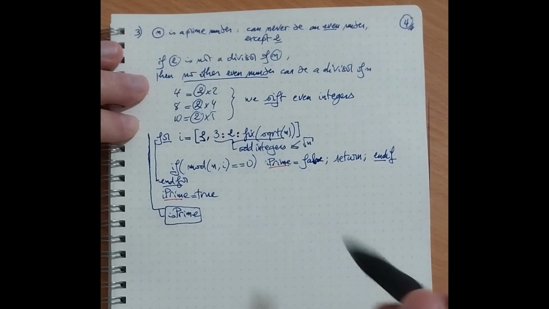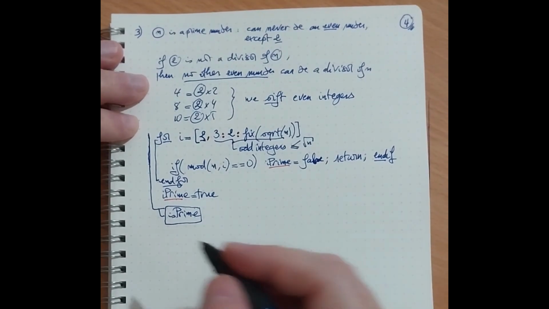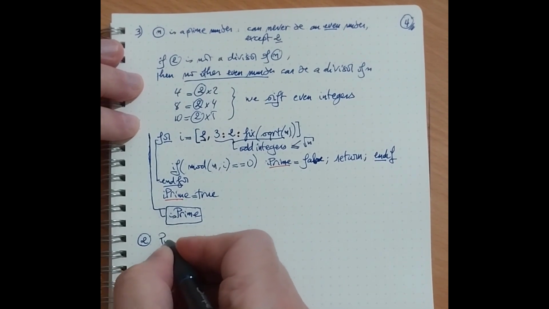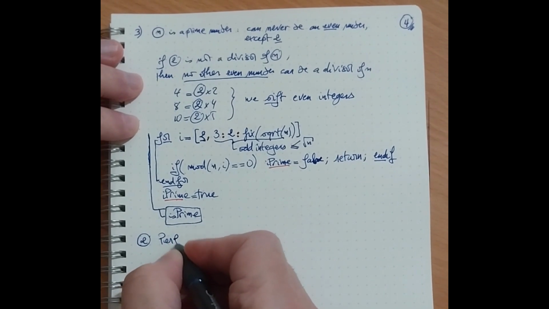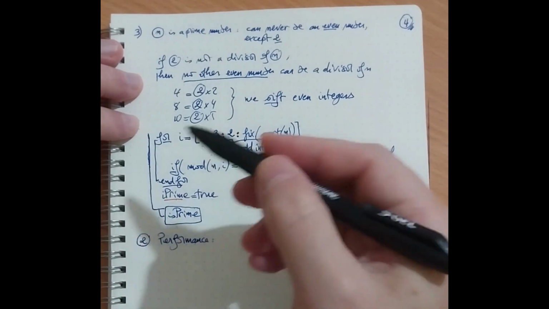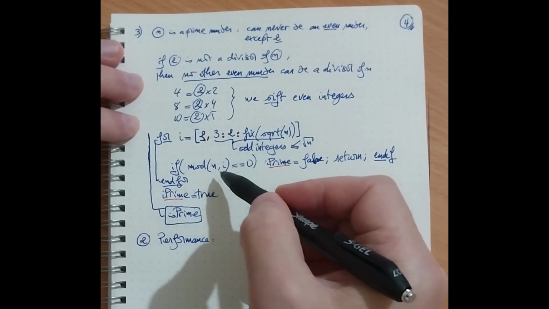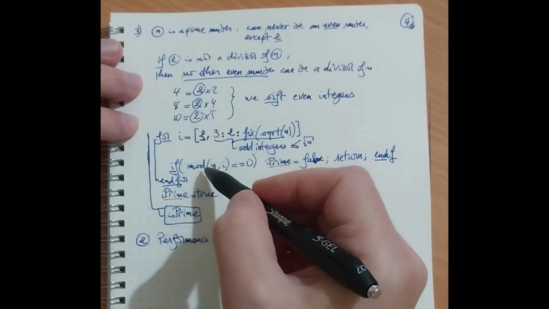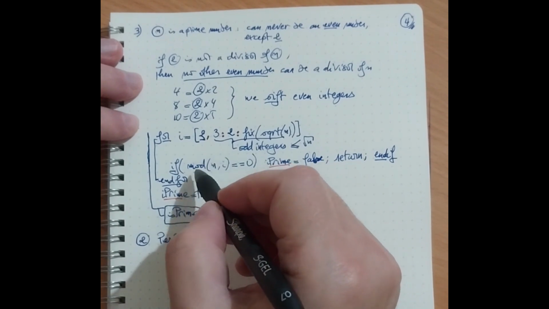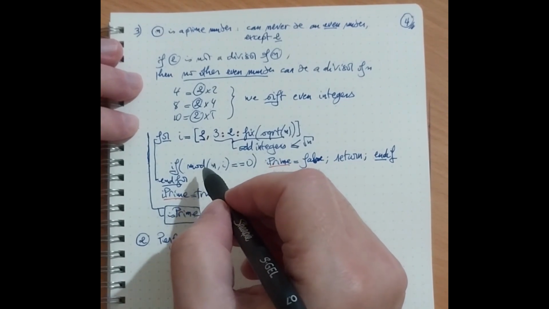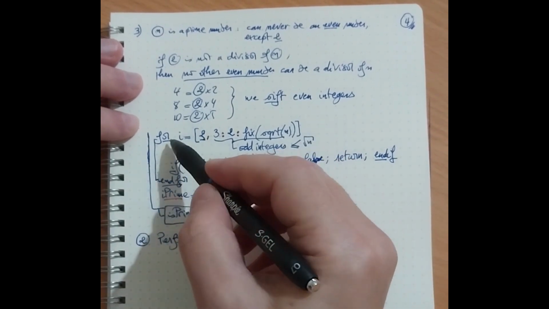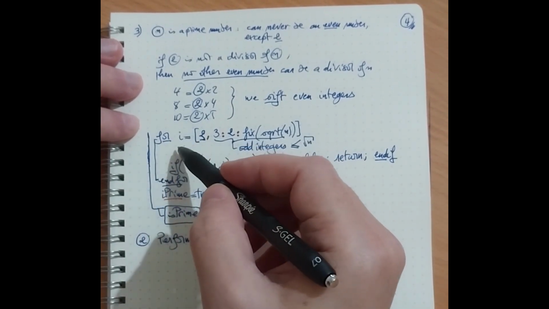The first point is the performance. Performance is the number of iterations. Per each iteration, the cost is very low because we use modulus. The remainder of division of two integers is a very fast operation. What is important here is the number of iterations.